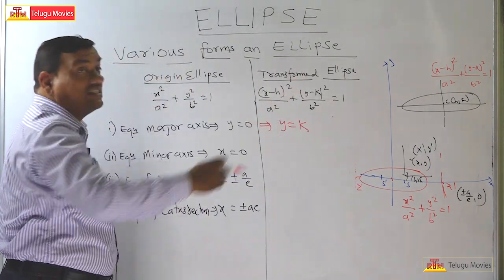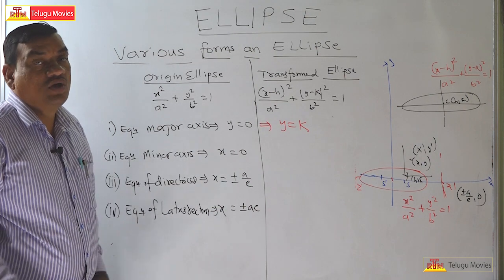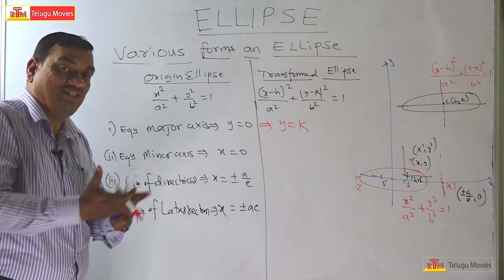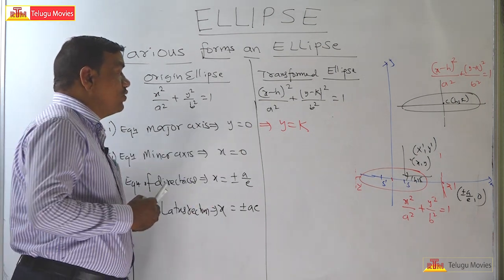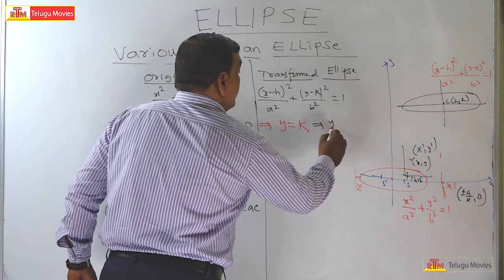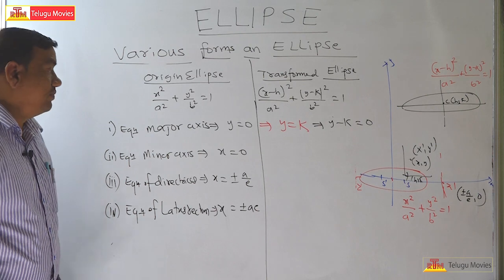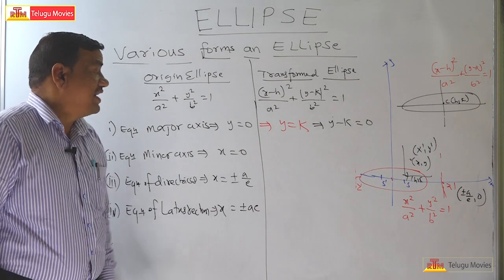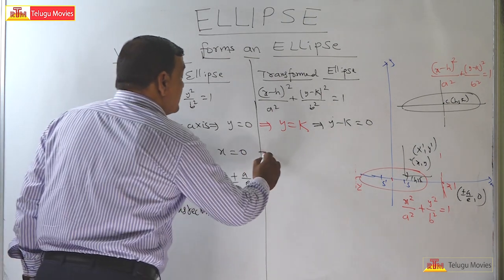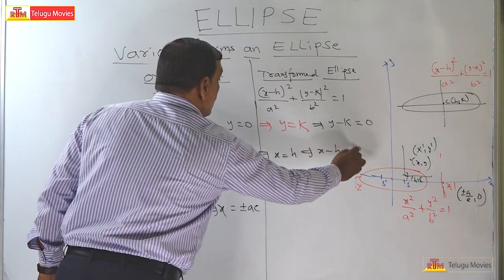On the right hand side you have to add, not the left side. For y you add k, for x you add h. So y is equal to k, otherwise we can call it y minus k is equal to 0. Equation of minor axis for this ellipse: x is equal to h or x minus h is equal to 0.